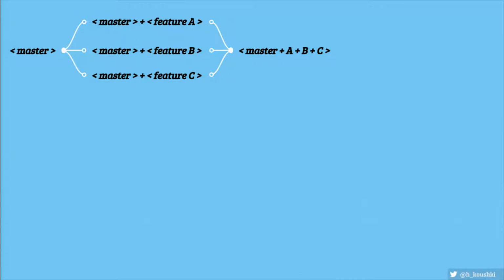So after a while, you have 3 features in master, and usually once or twice per sprint, you release this develop branch to a staging server or test server or whatever you want to call it. Of course, it's like a rail. Usually you don't have just a staging server.